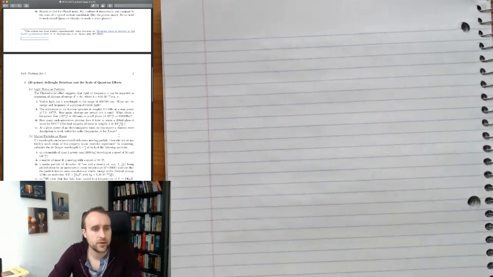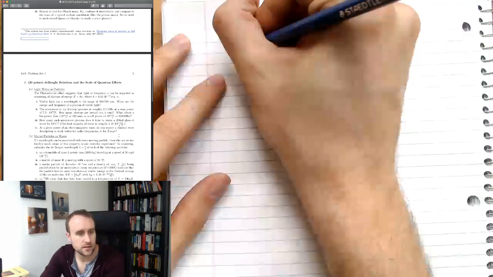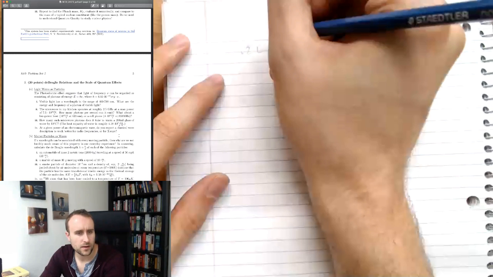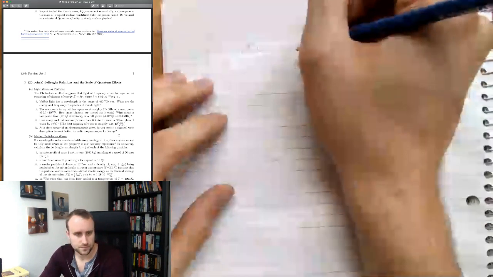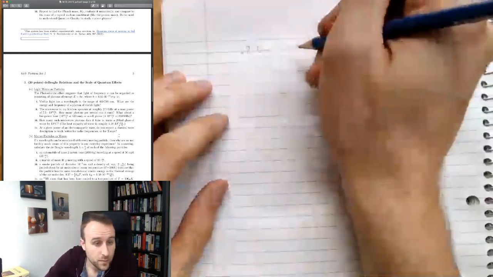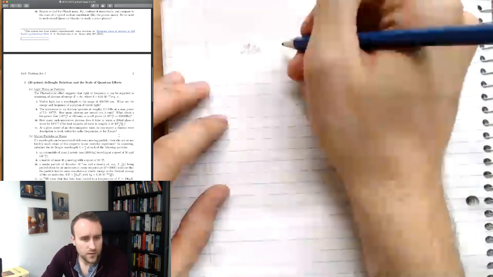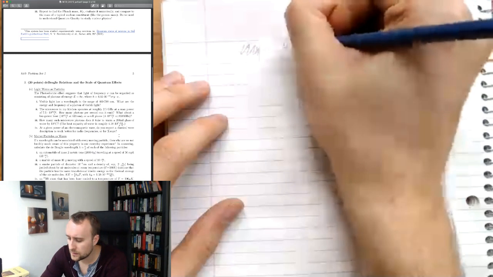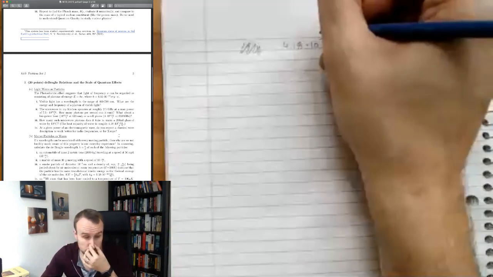How many such microwave photons does it take to warm a 200 milliliter glass of water by 10 degrees Celsius? So we have 0.2 liters. Heat capacity of water is, well, that's per gram. This is 200 grams. So we have 4.18 times 10 to the 7.